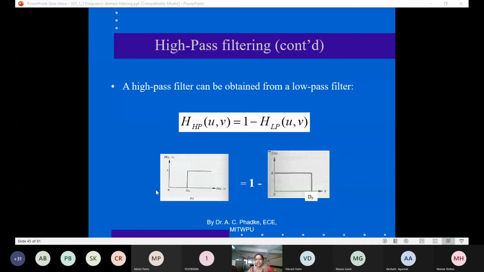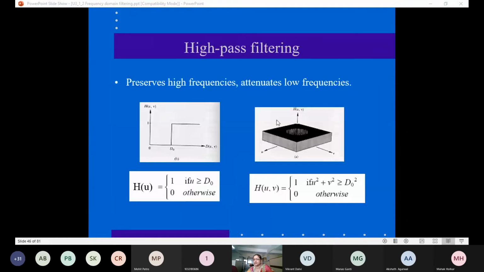Now this shape, if you rotate it around the vertical axis, you will get another shape as shown here. So this is your ideal high pass filter. All the frequencies inside the cylinder with radius D0 are attenuated, and all the frequencies outside this cylinder are passed. The equivalent filter function is as shown here.